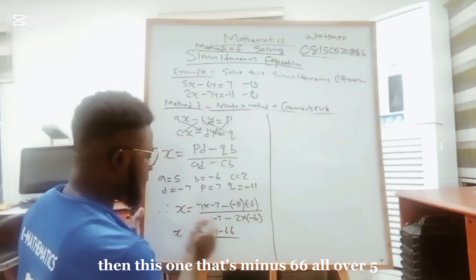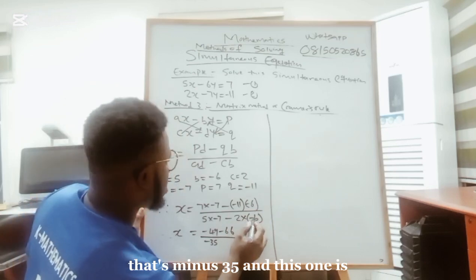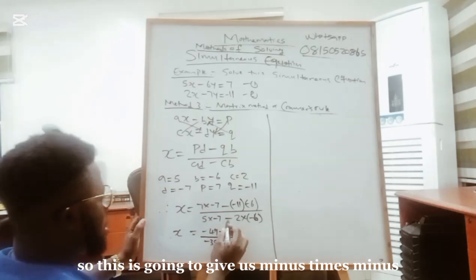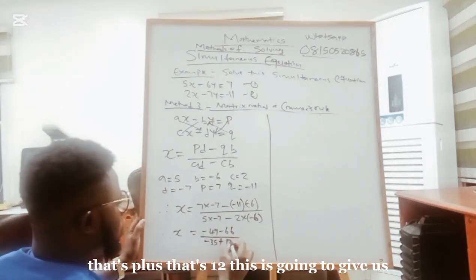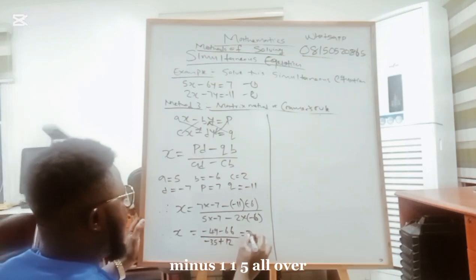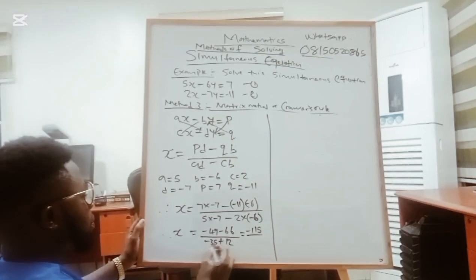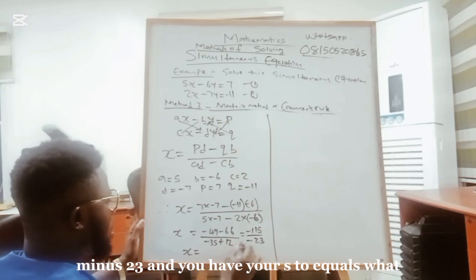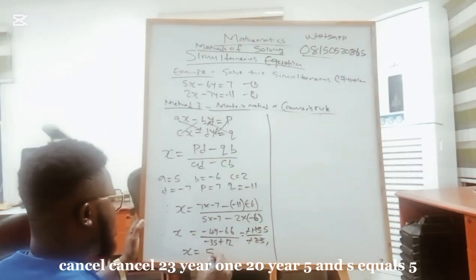All over minus 35, and this one is going to give us minus times minus, that's plus 12. This is going to give us minus 115 all over minus 23. And you have your x equal to what? Cancel 23 here 1, 23 here 5, and x is equal to 5.